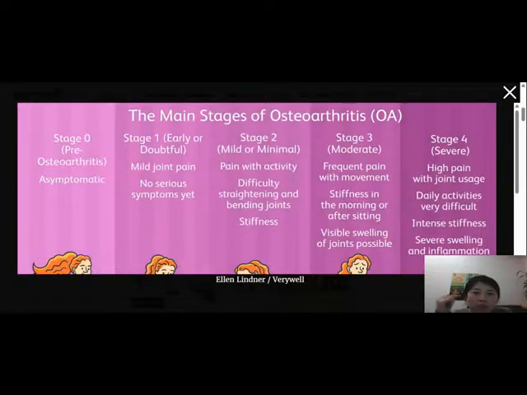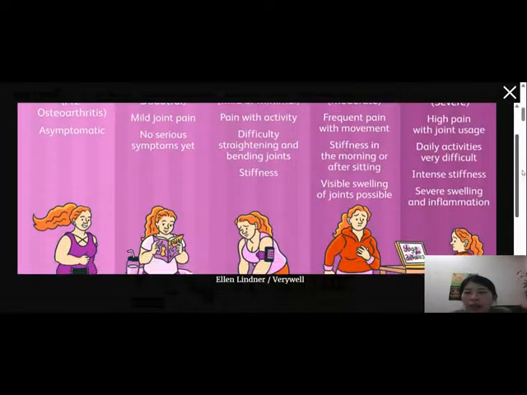and there will also be severe cartilage loss, with bone on bone contact and almost no joint space. There will be extensive bone spurs, as you can see in the last photo. There is high pain on joint usage, and daily activity is very difficult.